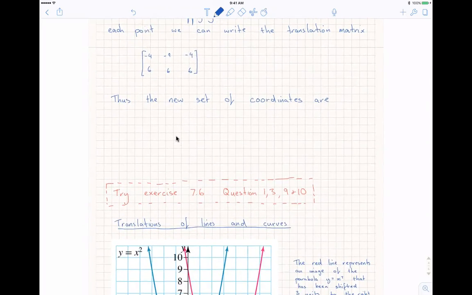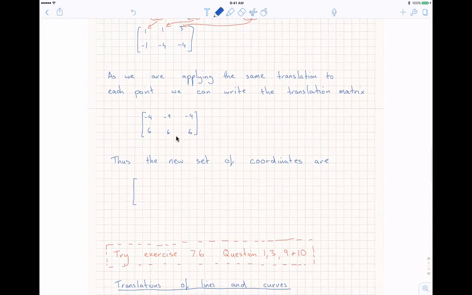Thus our new set of coordinates will just be our original set plus our translation matrix.